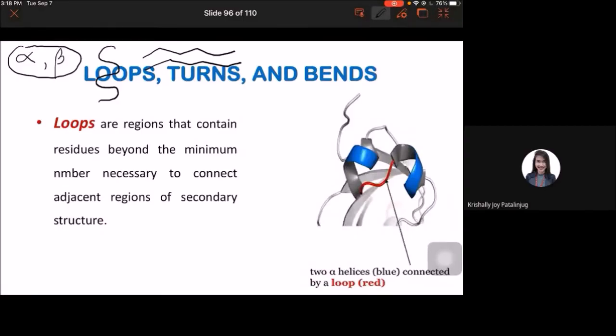When we talk about alpha helices and beta pleated sheets, when they do folding, nagfo-fold yung mga polypeptide chains, depende sa structure nila. Yung loops, turns, and bends po, very important sila to facilitate connection.